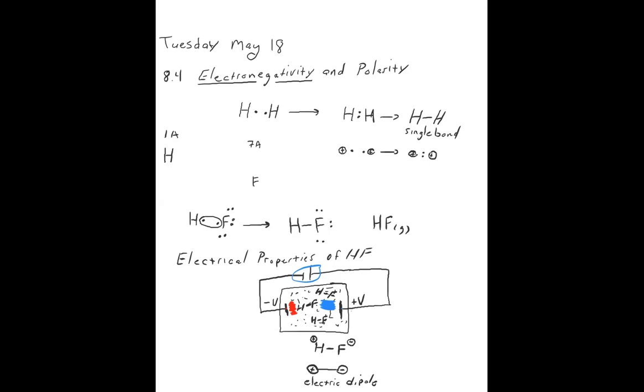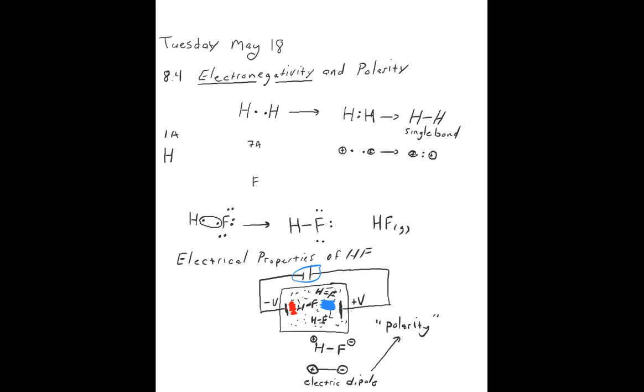It's called an electric dipole. But we have different terms. As you've noticed in chemistry, we have different terms for the same thing. So colloquially, we just call it polarity. That's what chemists call it. They call it polarity, but really it's electric dipole. The molecule has an electric dipole, which means it has this electrical property of separated charges, but we call it polarity.